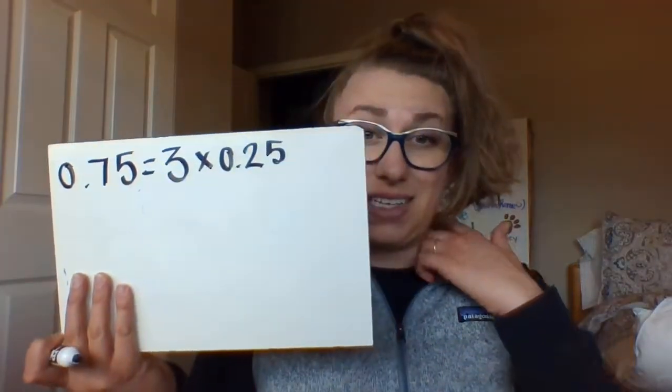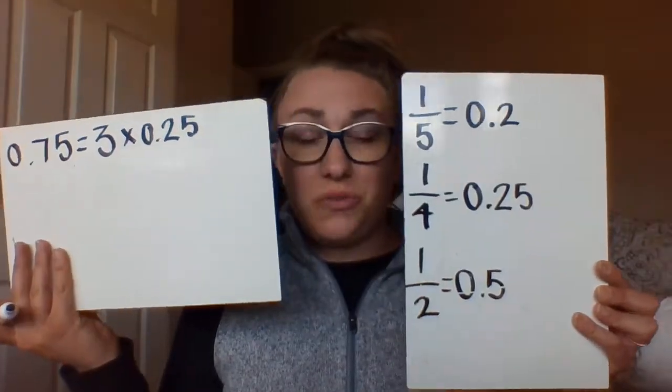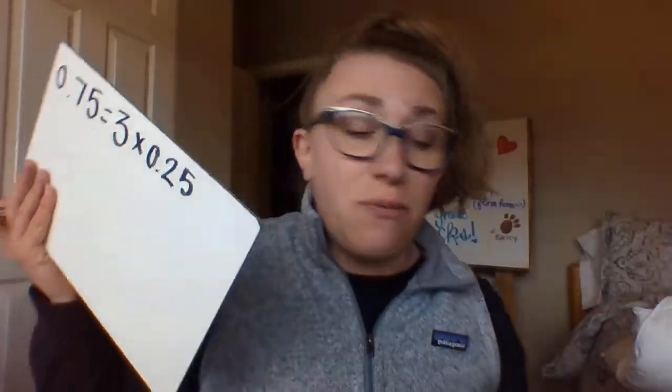25 times 3 is 75. So isn't 0.75 or 75/100 the same thing as 3 times 0.25? Yes, it is. We also know from our notes here that 0.25 or 25/100 is the same as the fraction 1/4.